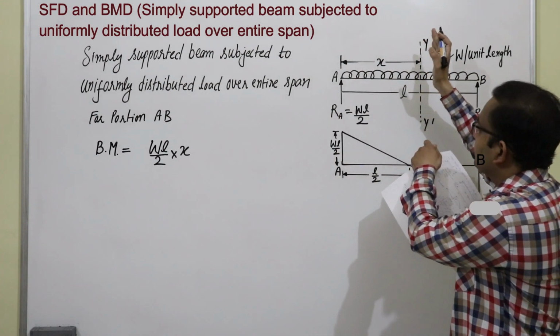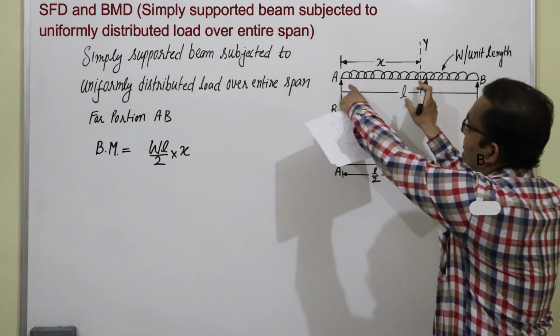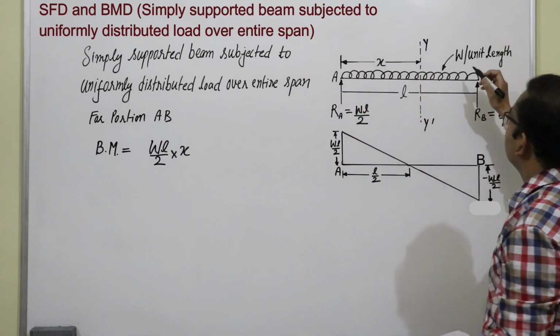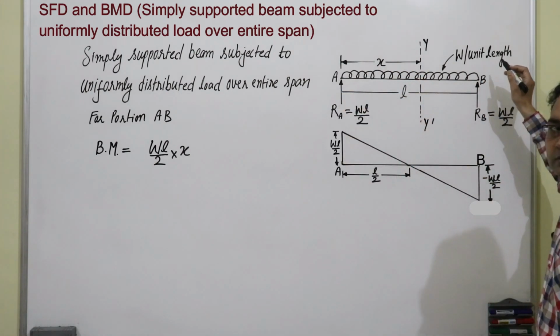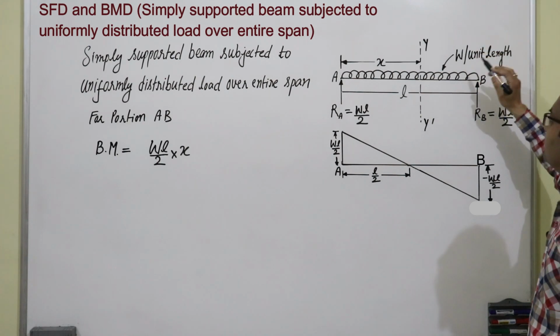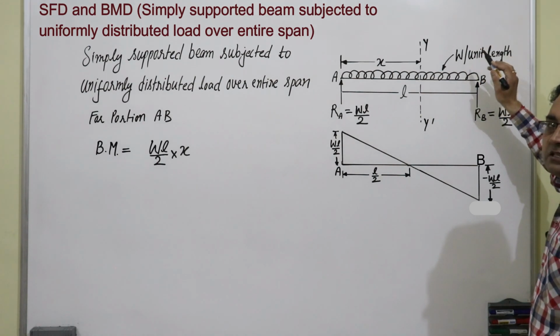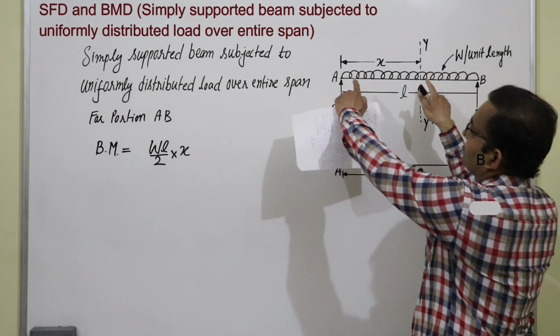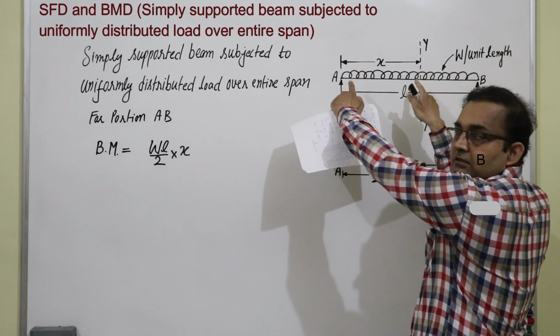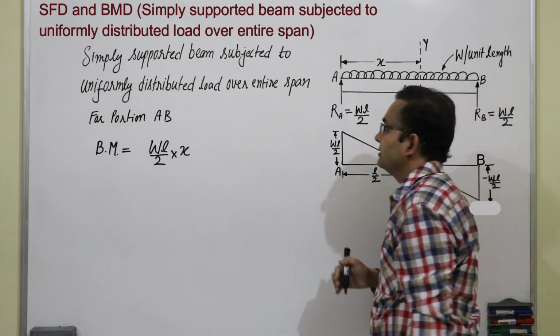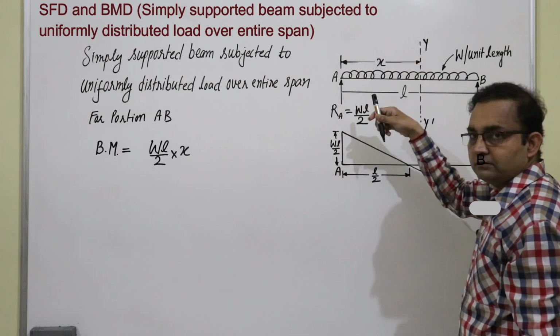This is the section towards the left of this section, this is force. So, W per unit length is force. It is written here W per unit length, so for x length, force is W into x, and it will act downward.